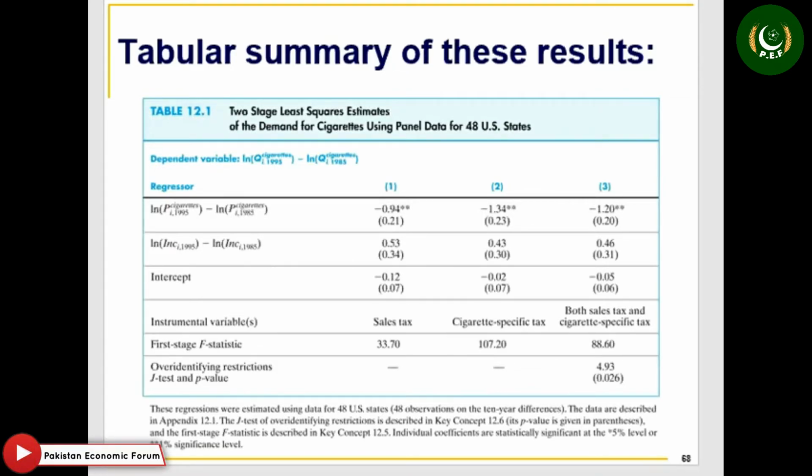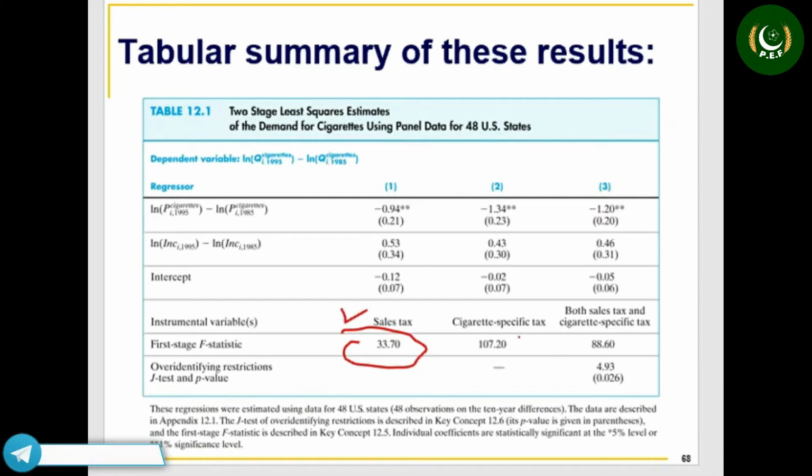I'll summarize these three things here. First of all, we have used a 10 years time period change, and we are testing two things. First is instrument relevancy, whether the instrument is weak or strong, and second is whether instruments are endogenous or exogenous. The first stage F statistic is 33 when sales tax is used.